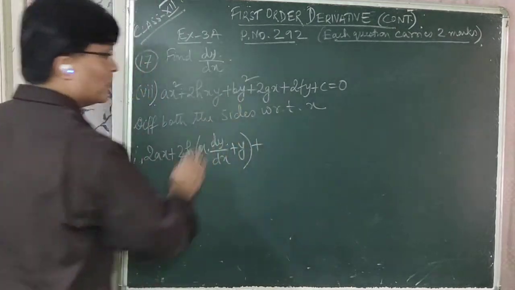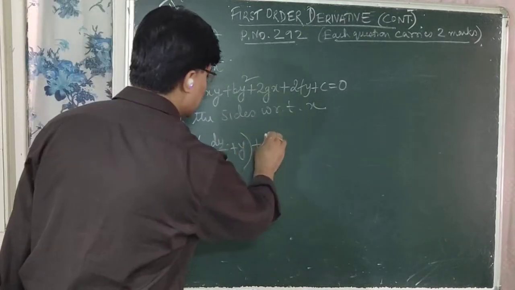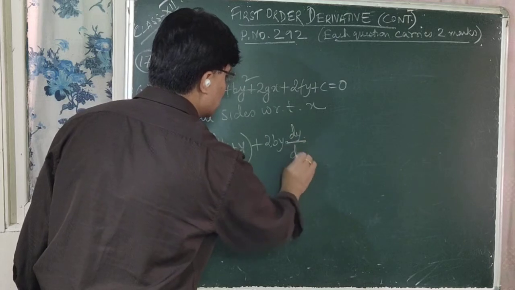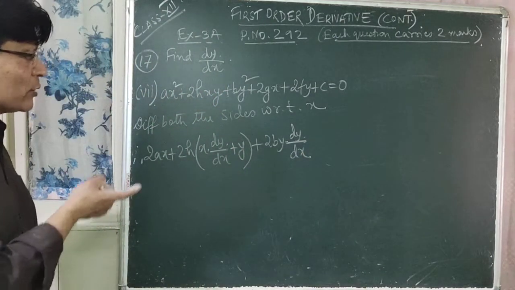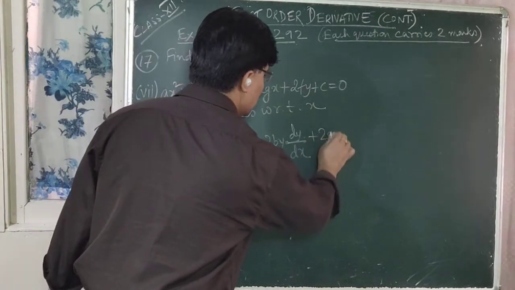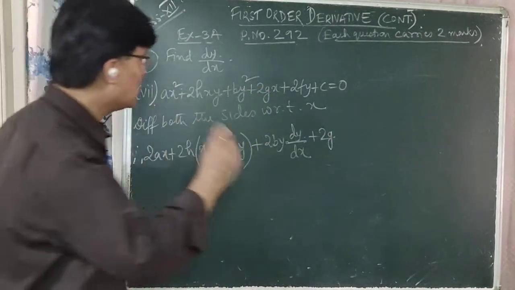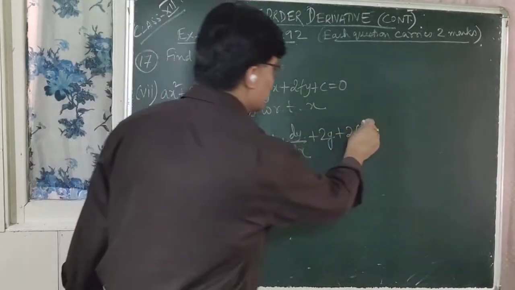Plus, what is the differentiation of y square now with respect to x? It is 2y, but it is 2by into, again differentiate y with respect to x, that is dy by dx, right? Y differentiation with respect to x also has to be done here, that is dy by dx, plus 2g into, what is dy by dx of x? 1, you don't have to write it, plus 2f into what is the differentiation of y with respect to x?